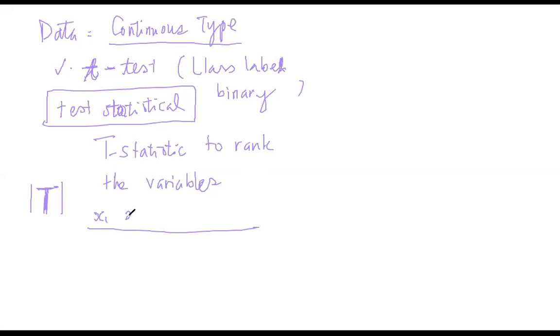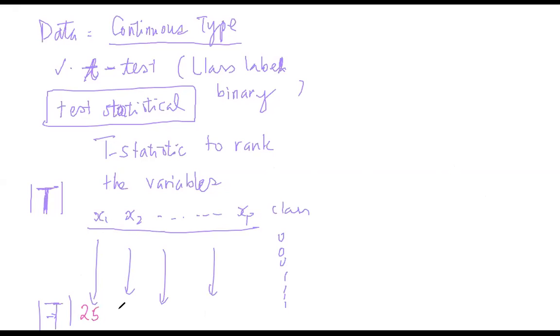So these are your variables. These are your class labels, 0, 1. For each column, you can compute a test statistic t and take the absolute value. Suppose you get different values, let's say this is 25, this is 0.5, this may be 2.1, this may be 14.